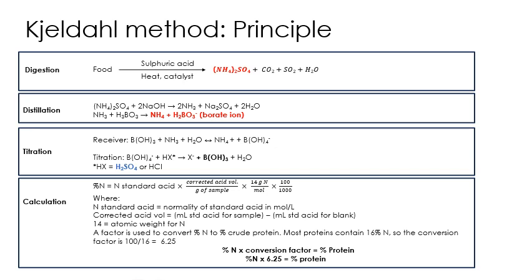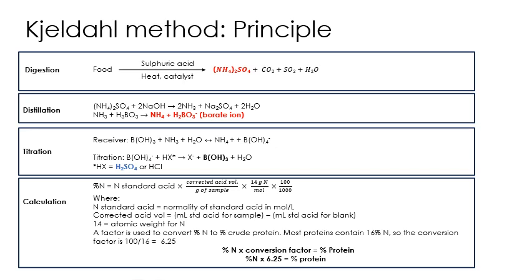So once this borate anion is titrated with the standardized acid, this will then convert nitrogen in the sample. The volume of standardized acid used to convert nitrogen in the sample will be measured and used to calculate the percentage of nitrogen.